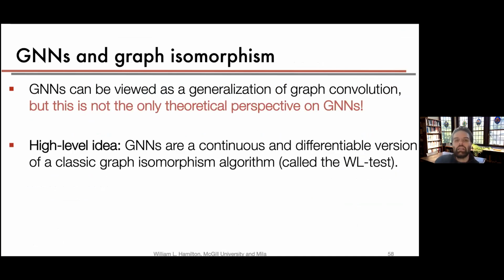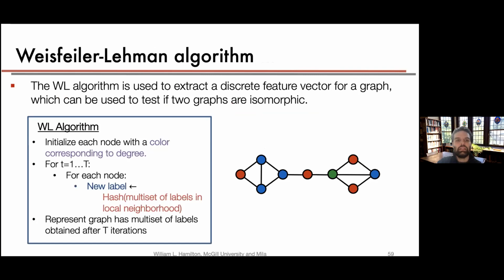The other idea comes from the fact that GNNs are very closely related to a very classic isomorphism testing algorithm, which is called the Weisfeiler-Lehman or the WL test. The key idea with this WL algorithm is that in order to test whether or not a graph is isomorphic to another graph, we can do this by trying to come up with a labeling, a way of representing this graph using a discrete feature vector that follows the following algorithm.